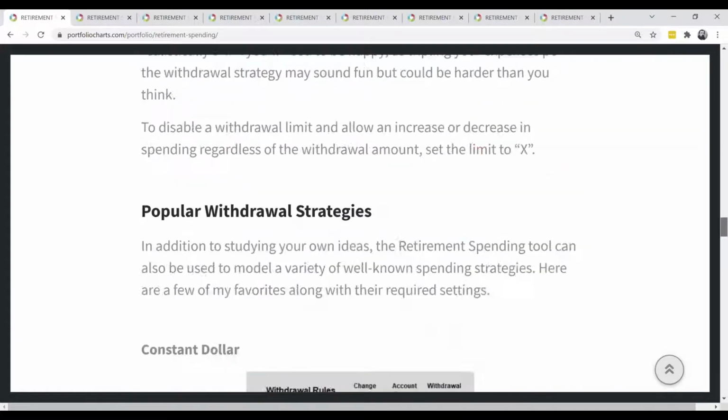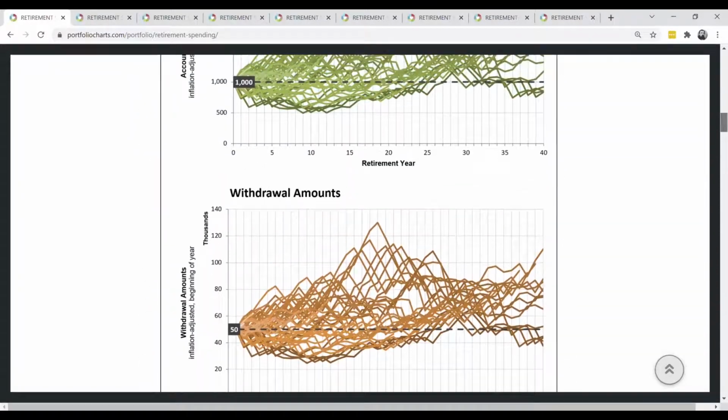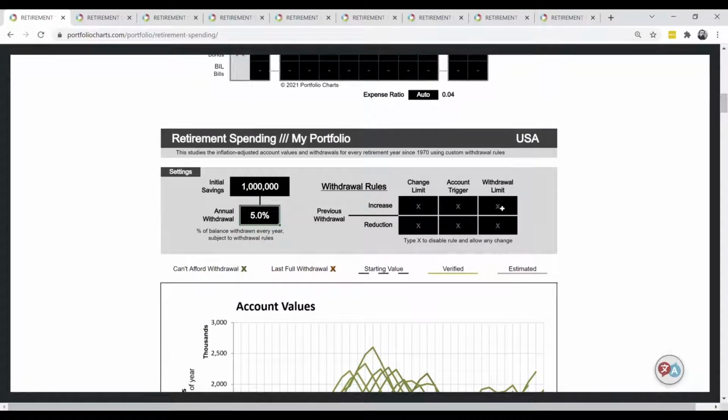And so you can go back up here and just put those numbers in, a 20 and a 15, and it will automatically change the outcomes as you put the numbers in.